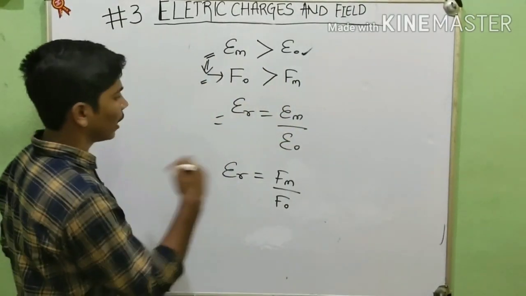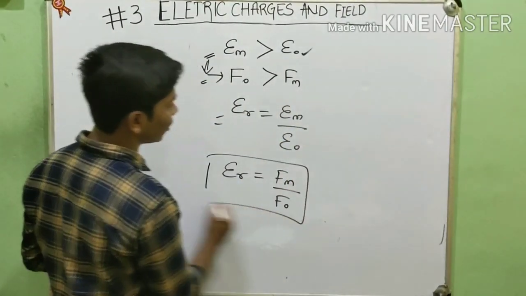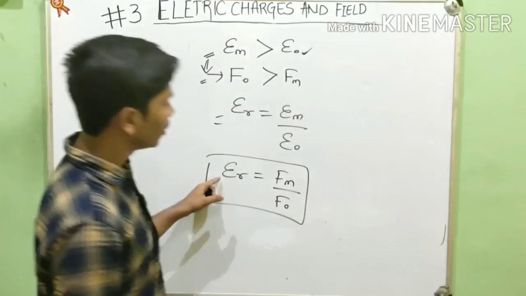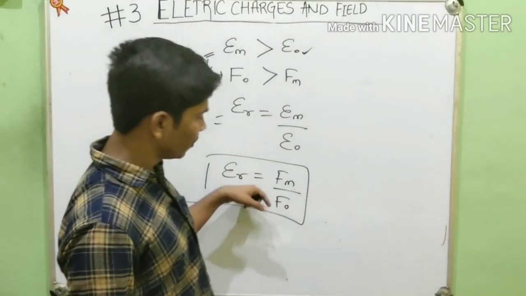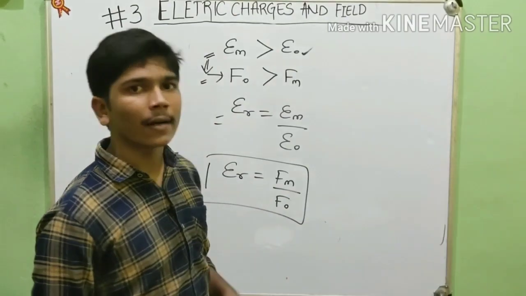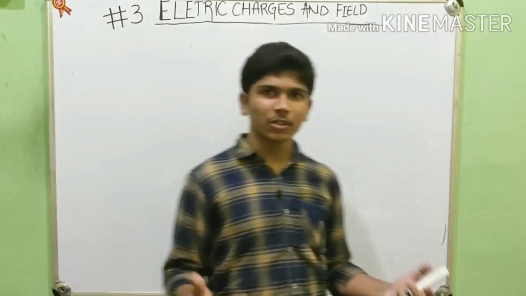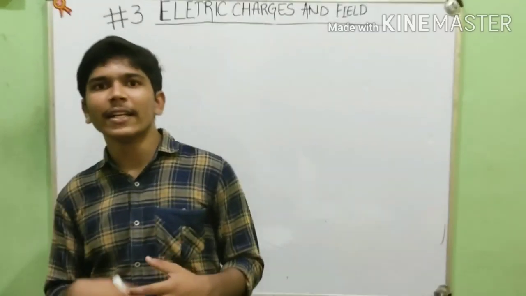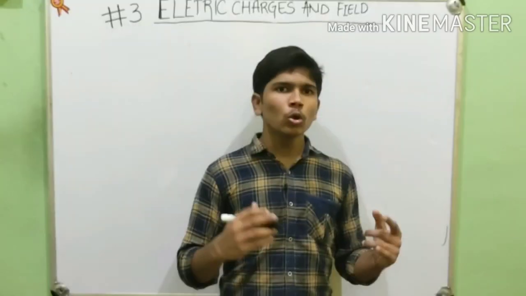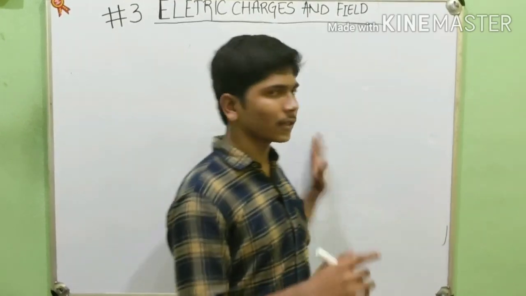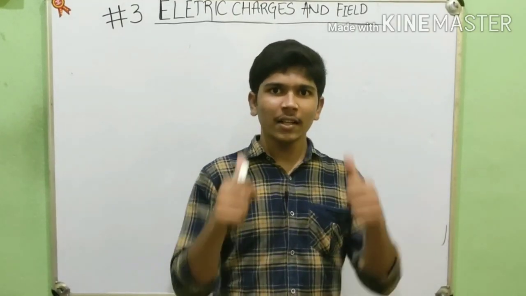So we have deduced the relationship between relative permittivity and force. Relative permittivity is equal to force in air by force in medium. This lecture contains this much content. In the next lecture we will go through some important numericals using this concept. Thank you. Keep studying. All the best.